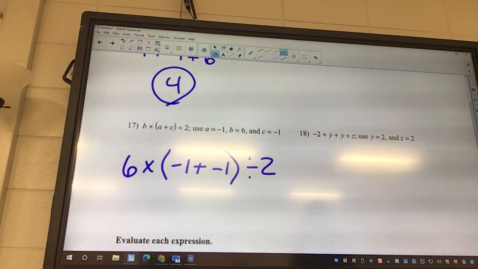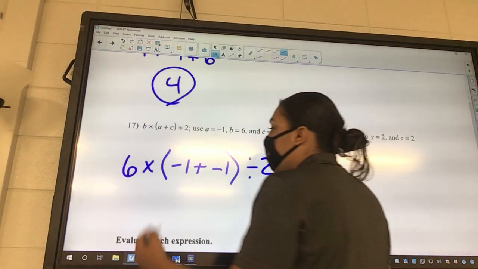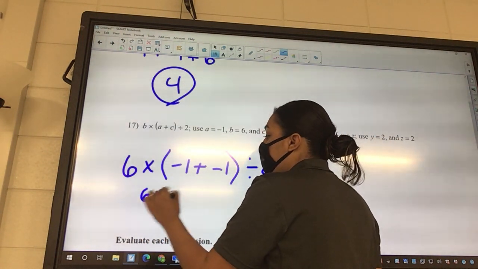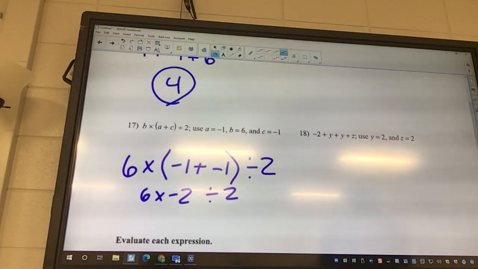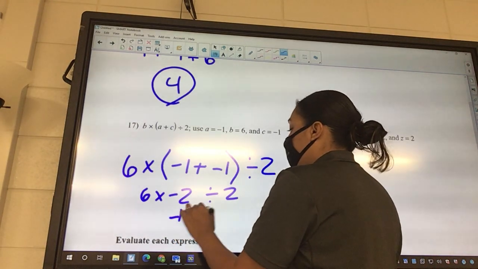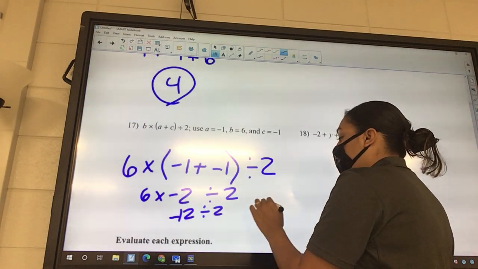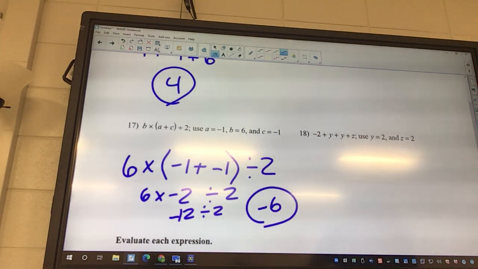The parentheses. So -1 plus -1 is -2, so it's really 6 times -2 divided by 2. What does it tell us to do next? Multiply. So 6 times -2 is -12, and then we still got divided by 2. -6. Is that what you got on your calculator? Yeah. Good.